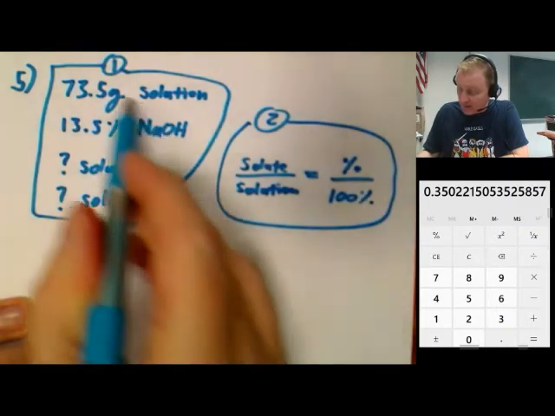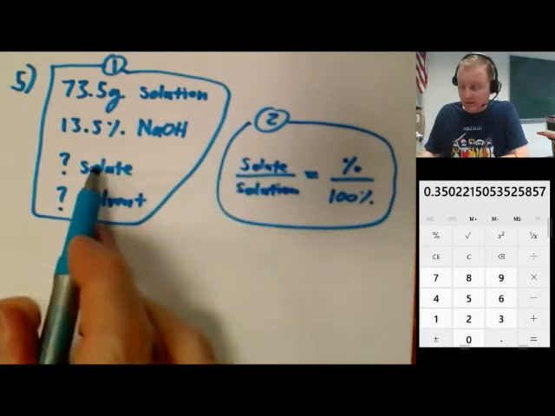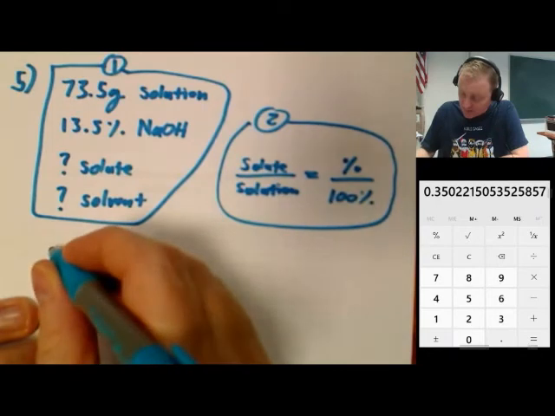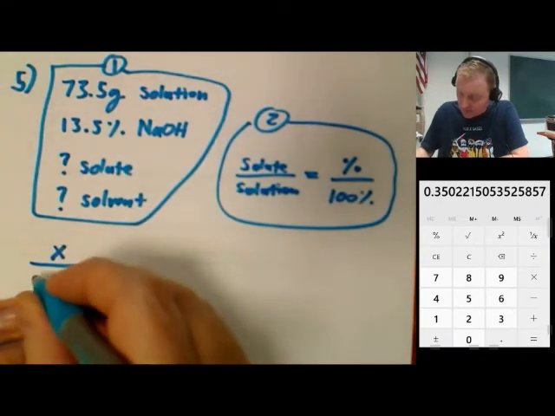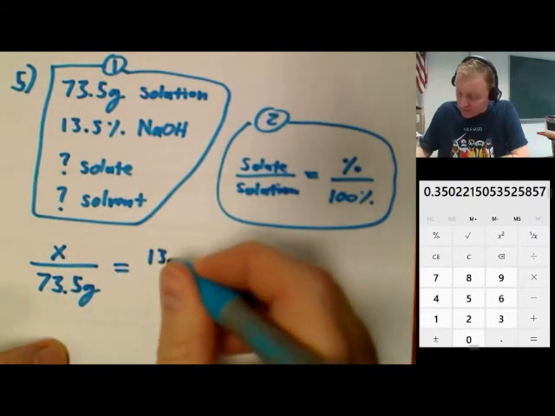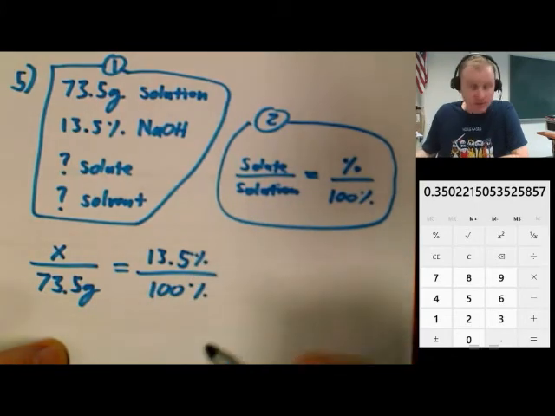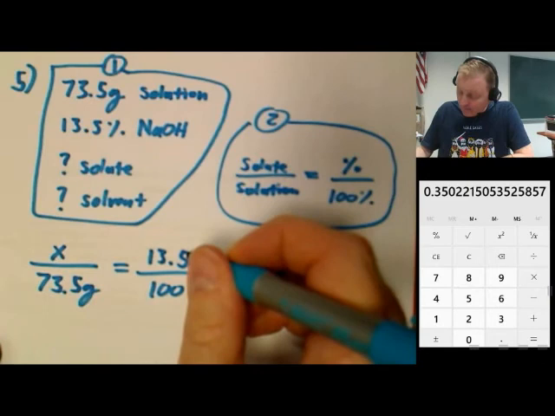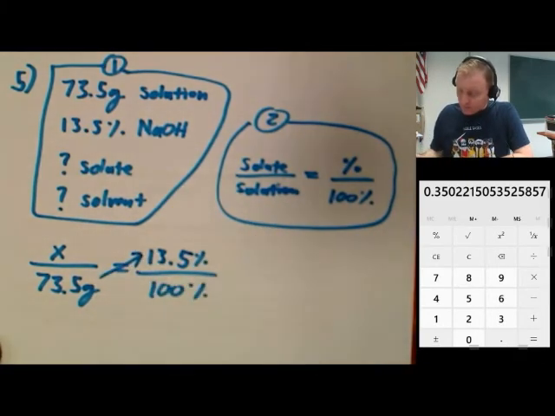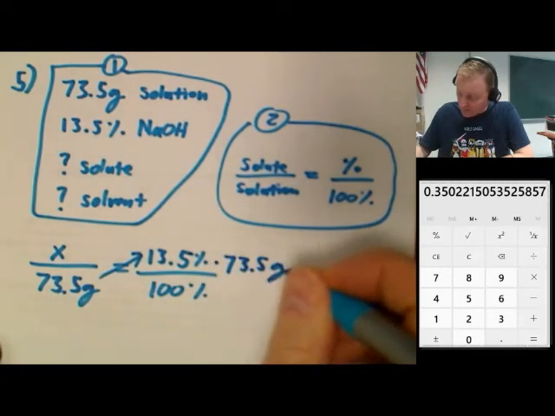So that's kind of your setup. And if you notice, well, I know my solution. I know my percentage. If I can solve for my solute, I got one part of the puzzle solved. So let's do that. So our solute, I'm going to say, is X over 73.5 grams equals 13.5% over 100%. Okay, we'll cross multiply. That would make, if I bring this one up here, then it would say times 73.5 grams.